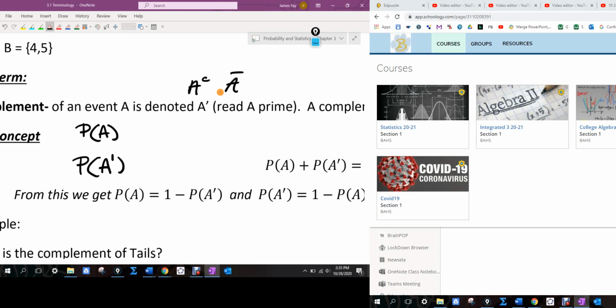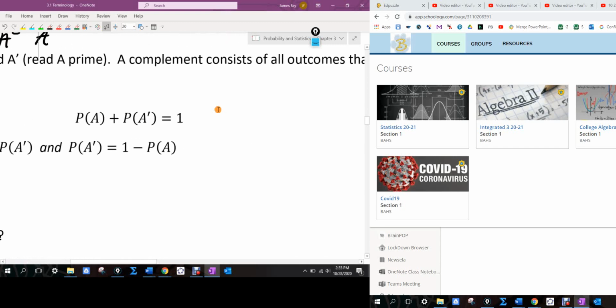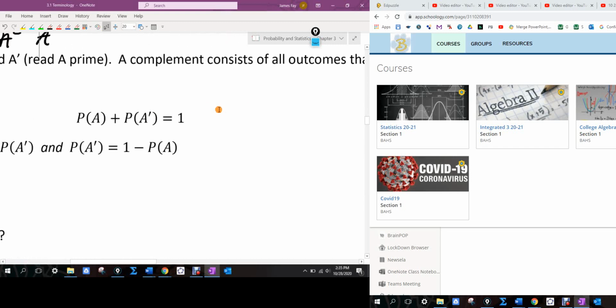If by definition probabilities should add up to 1 and event A and the complement of A are opposites, then we have this formula: the probability of event A plus the probability of its complement is equal to 1, or 100%.